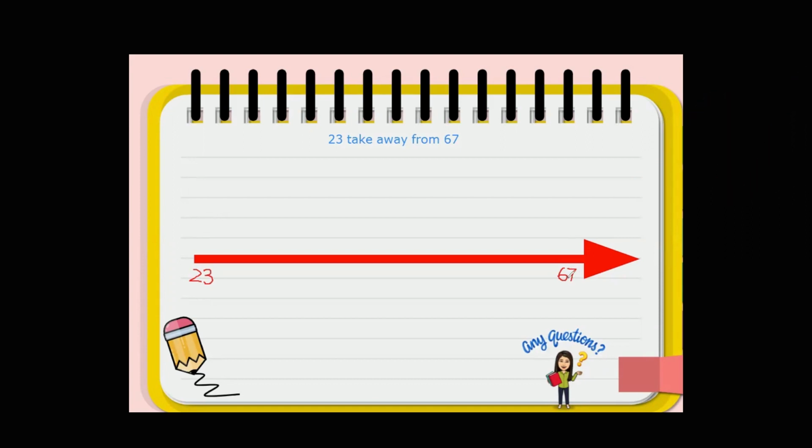Let's start by writing the multiples of 10 after the first number. So this is 23. So the next multiple of 10 would be 30. And the multiple of 10 just before 67 is 60. So we are going to write 60 over here, right?